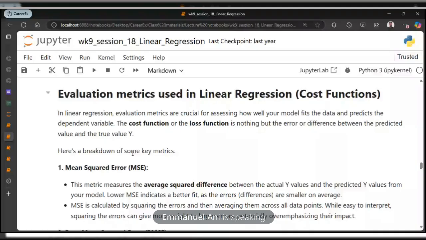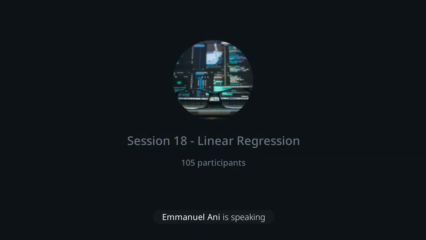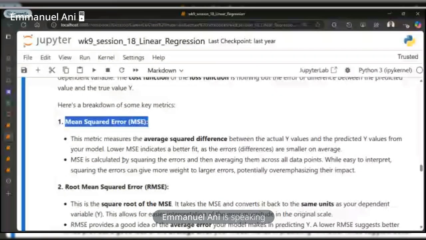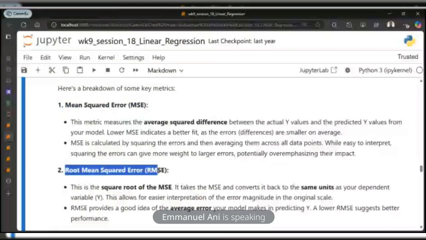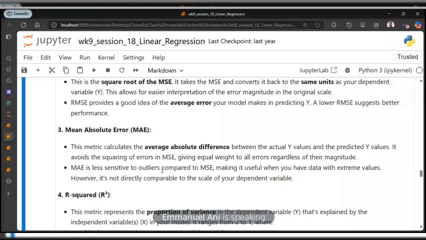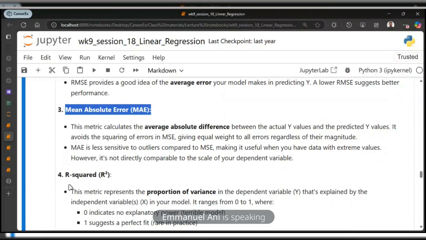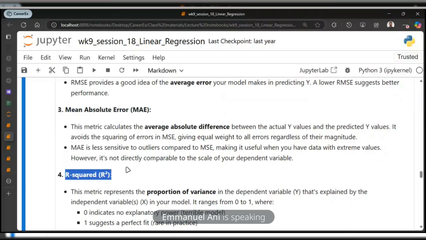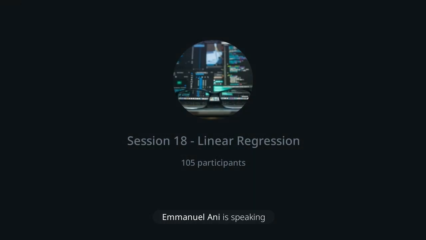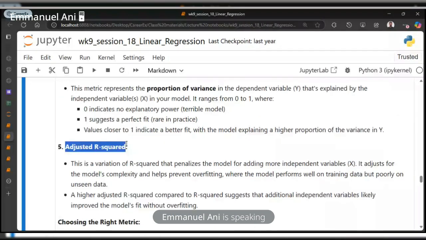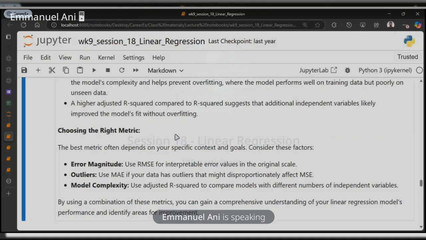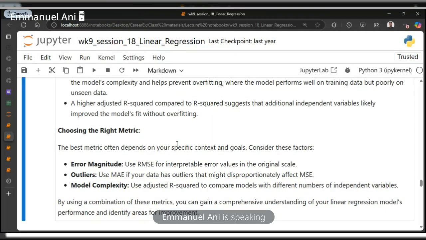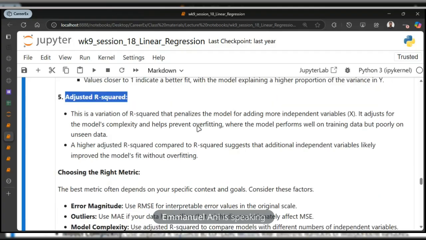We have several of them: the mean squared error, the root mean square error, the mean absolute error, the R squared, and the adjusted R squared. These are the different metrics we're going to be using to explain how well our linear regression model is performing.